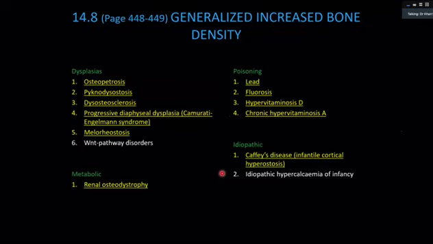In your book, there are causes of generalized increased bone density in a child. Extremely important differential diagnosis. But in dysplasia, you can see the names which I have told you. I have not told you this one, but otherwise osteopetrosis, pycnodysostosis, Engelmann's disease, Melorheostosis, these ones you have to remember.